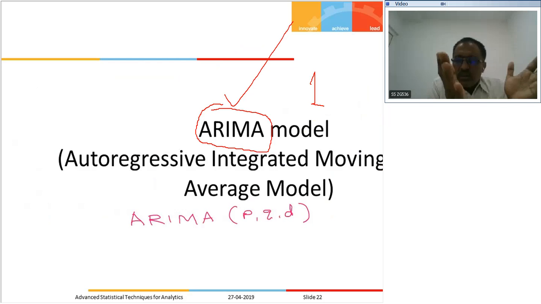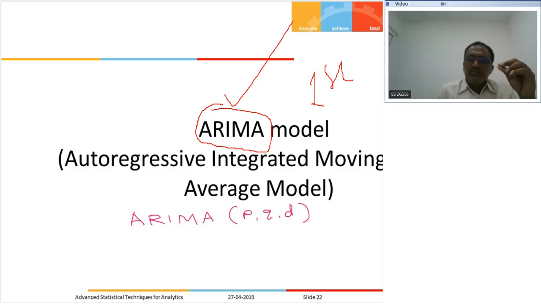If you consider all the models that are available and rate them by usage, this comes in first place. We can number it as the first model with respect to time series analysis. That is the ARIMA model.